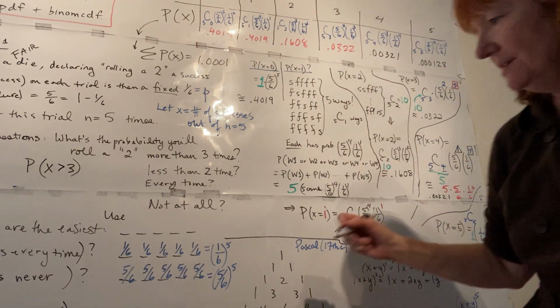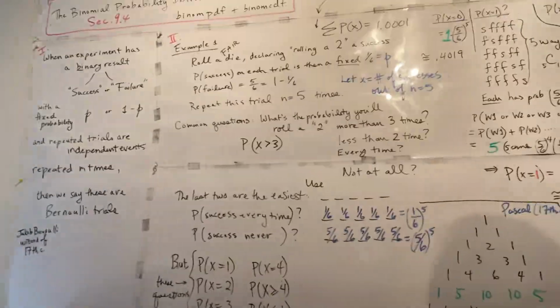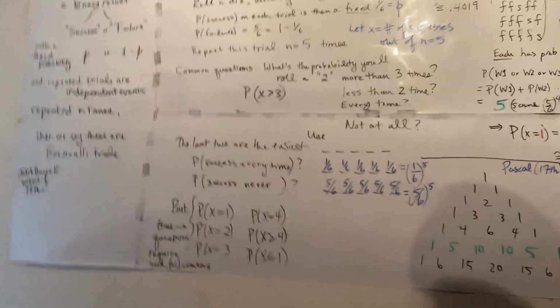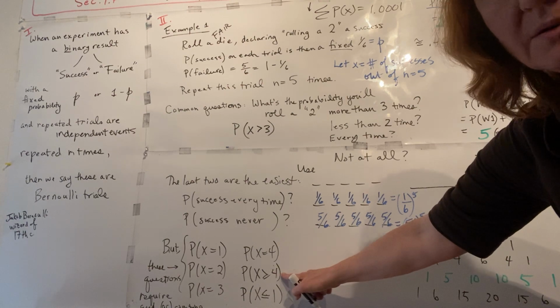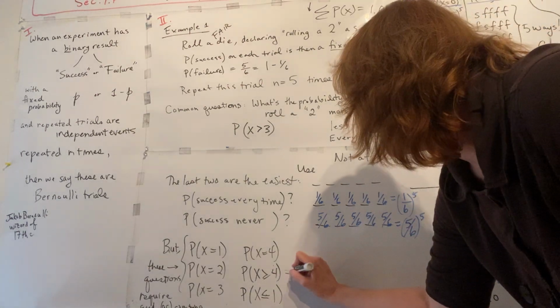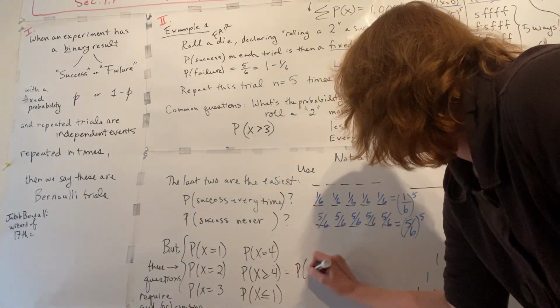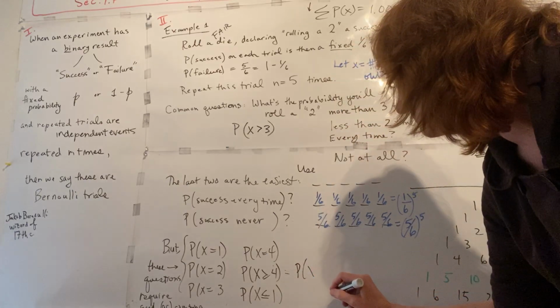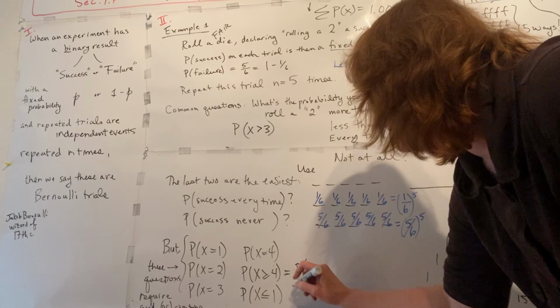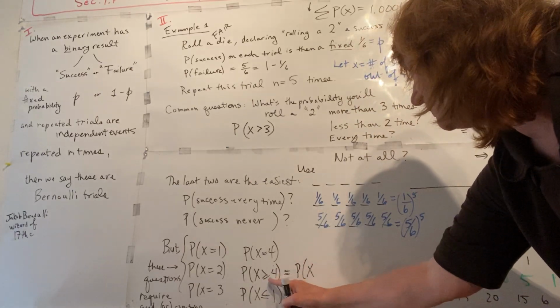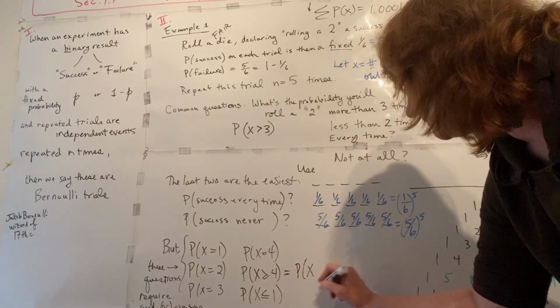All right, so we would rewrite that inequality here as the probability of x being greater than 3, greater than or equal to 4.